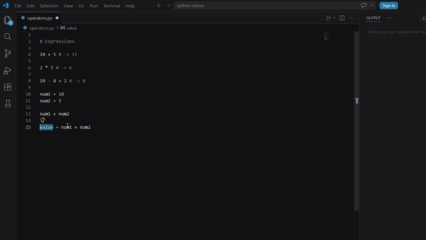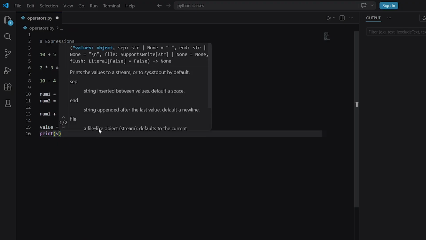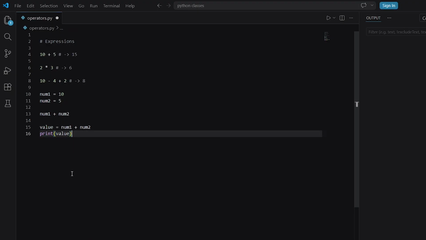In this case, num1 is 10 and num2 is 5. So this expression is going to evaluate to 15, which means that value is equal to 15. So let's print out the value. We'll have print value, and of course, we have 15 as our value.